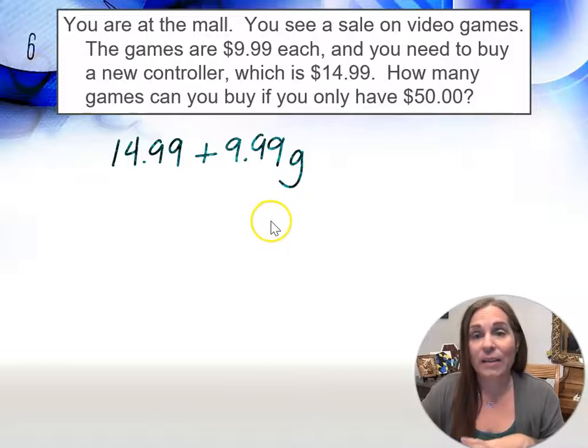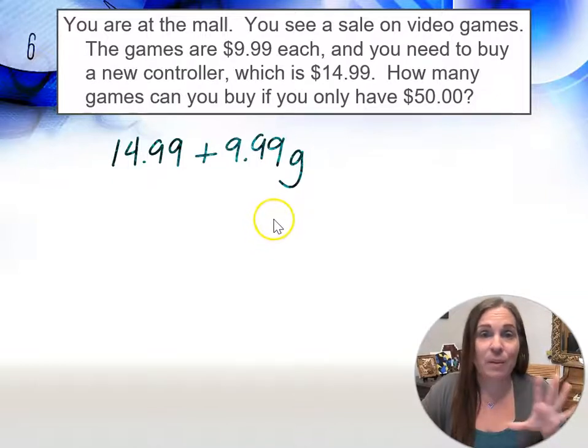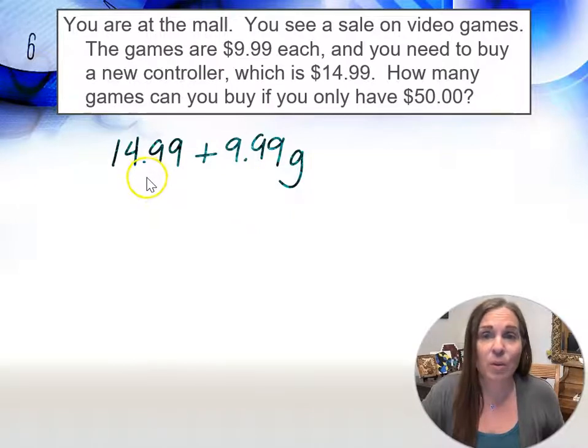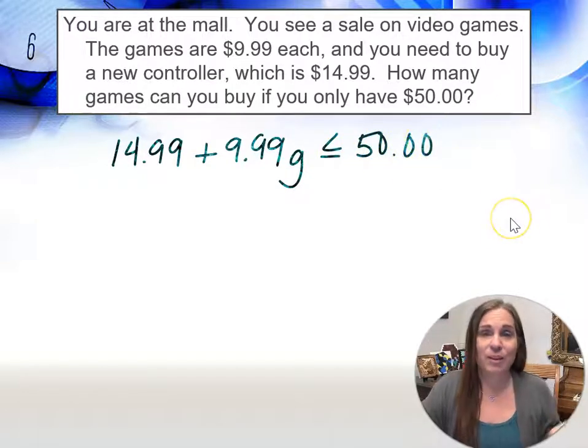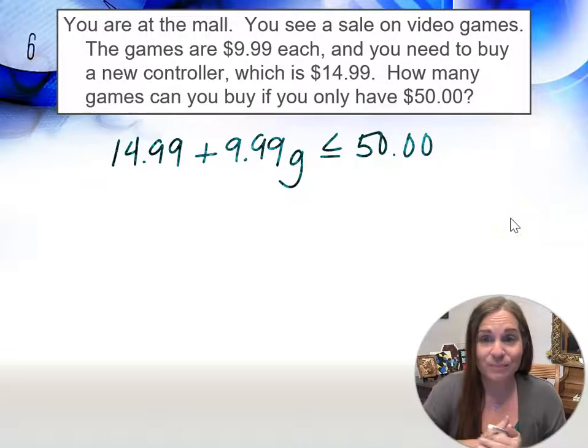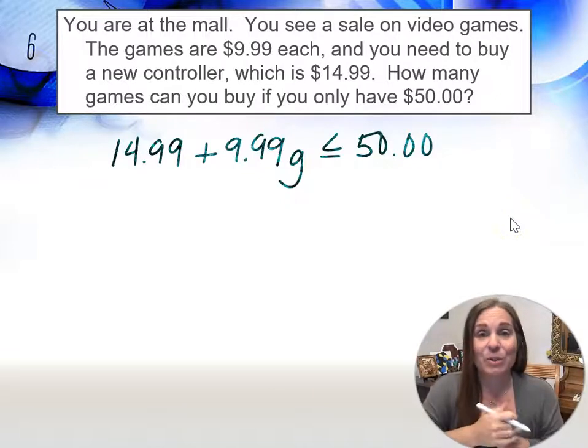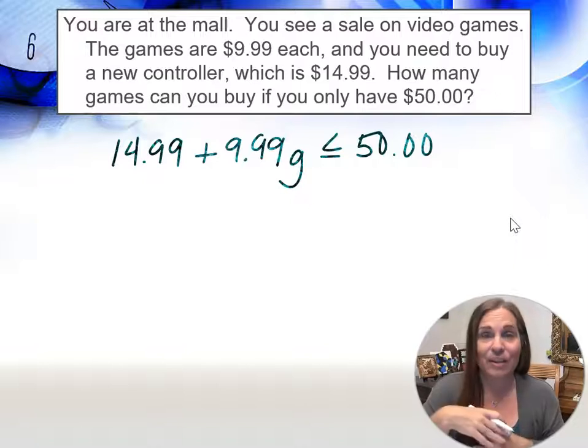And when I add the money I spend on games and the money I spend on the controller, I cannot go over $50 because I don't have more than $50, right? So this amount that I spend has to be less than or equal to $50. And of course, we're not talking about tax here, right? Because once you include tax, then actually I need to be under $50.